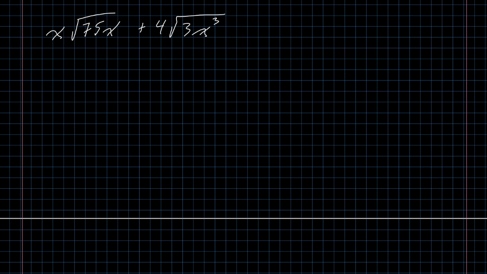Well, 75x is a radical that reduces. I can rewrite 75 as 25 times 3, and 25 is a perfect square. So that first radical reduces and can be rewritten as 5x times the square root of 3x.